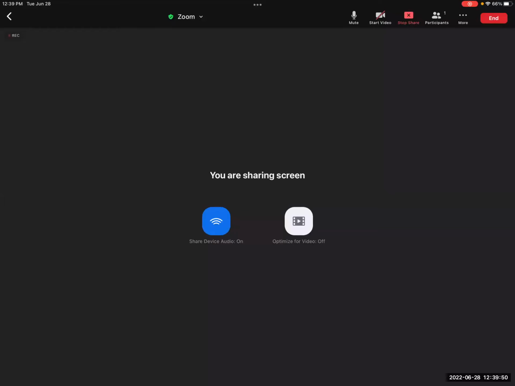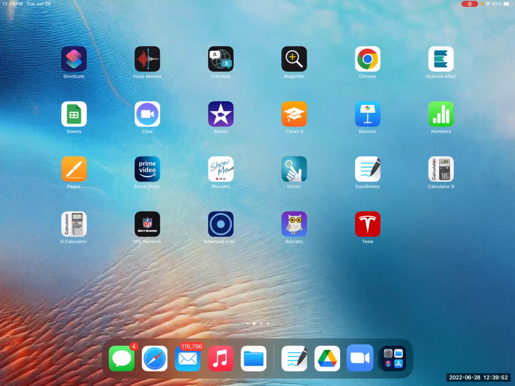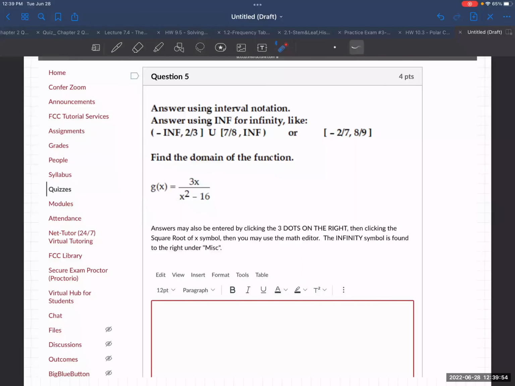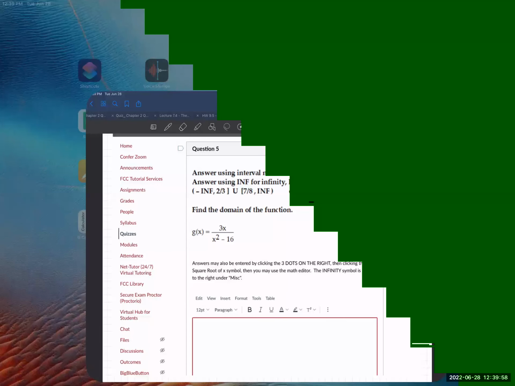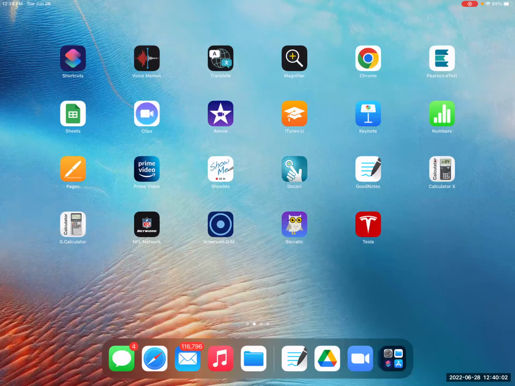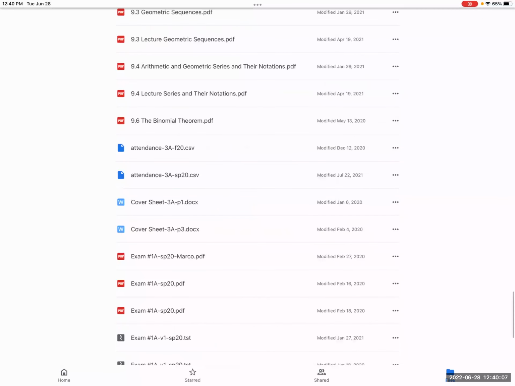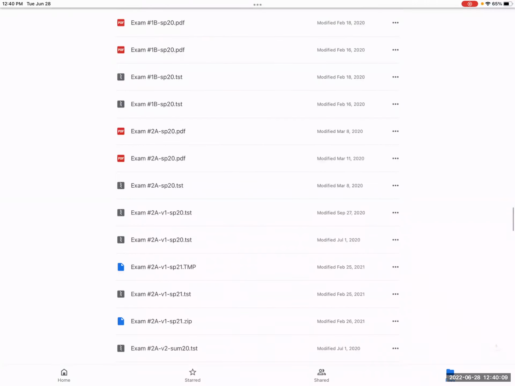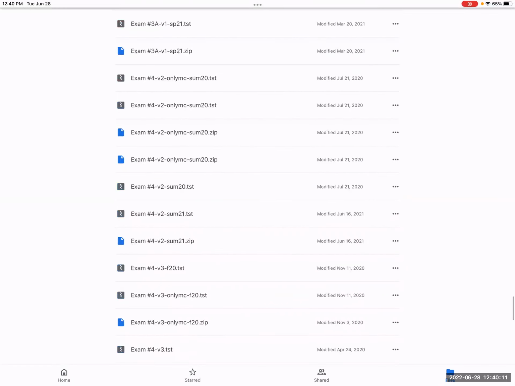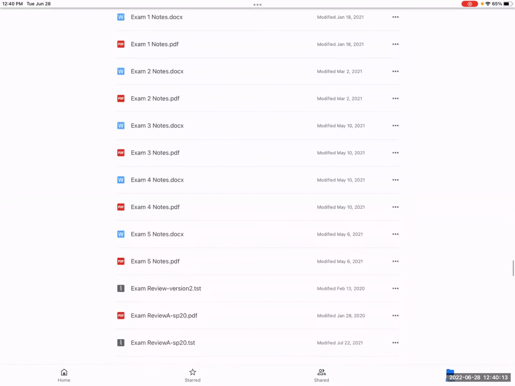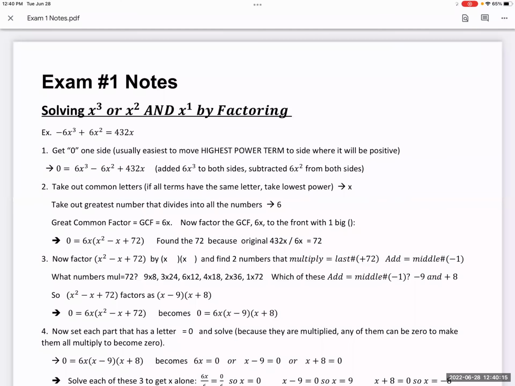Okay, so here I want to show you question number 5, which says find the domain of the function. Let me go to the notes really quick. We have some good notes on this, the exam 1 notes. Where are my exam 1 notes? Okay, there they are.